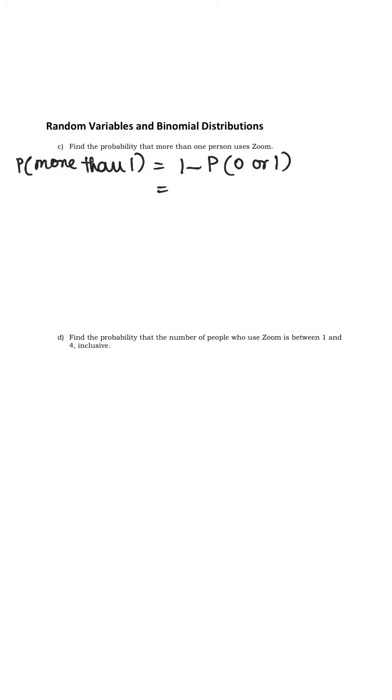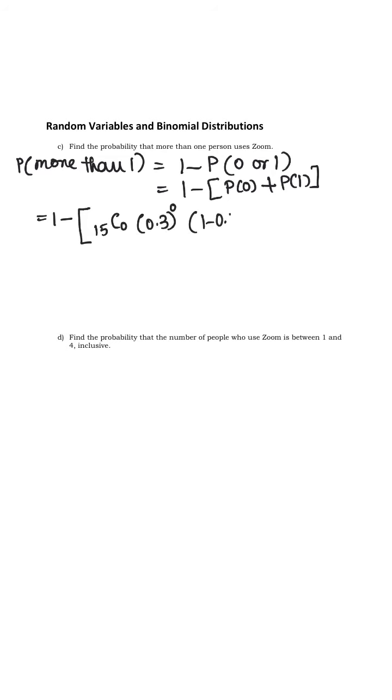So we can find the probability of 0 and probability of 1 and add those together, then subtract from 1. So it will be 1 minus P of 0, that is 15 C0 0.3 power 0, 1 minus 0.3, power 15 minus 0.